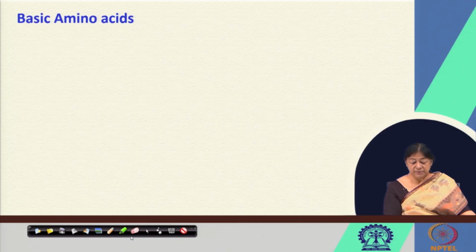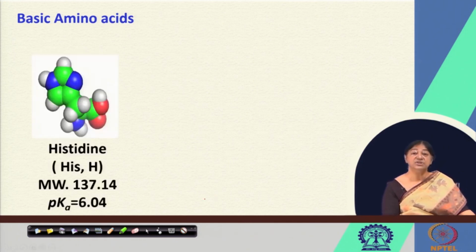We look at the basic amino acid residues, and these are going to help us in trying to understand what we mean by the side chain residues. What are these side chain residues? These are the ones that give us an additional nitrogen.